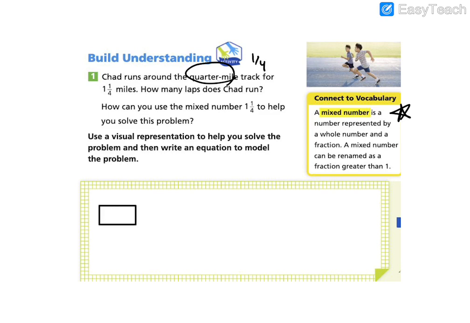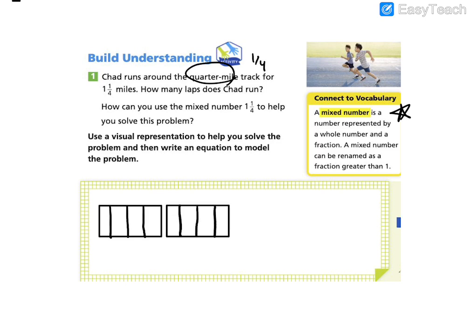So we know that Chad runs 1 1/4 miles. So our 1 whole plus our 1/4. So we'll go ahead and shade how far Chad runs. One whole and 1/4.